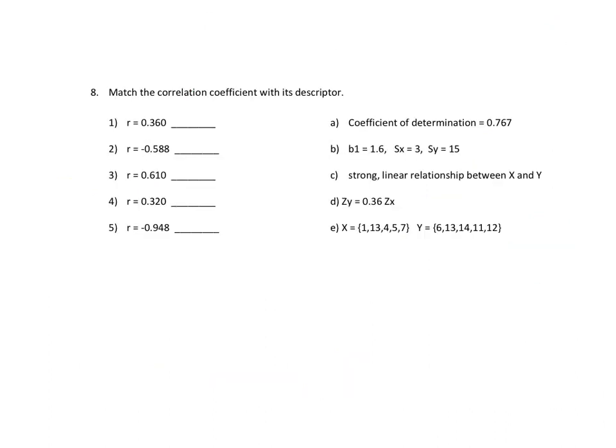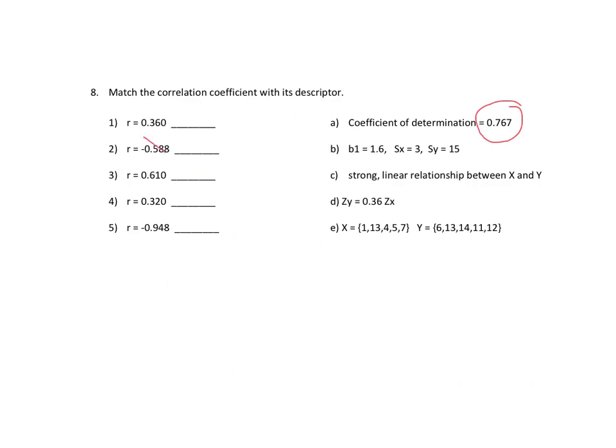Match the correlation coefficient with its descriptor. Here's another issue with the test. I actually have a typo. This 0.767 here is supposed to be here.